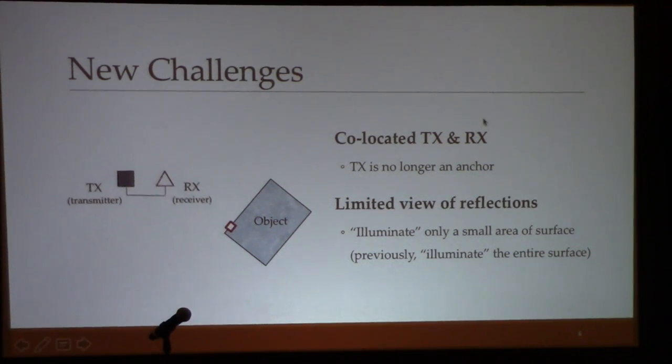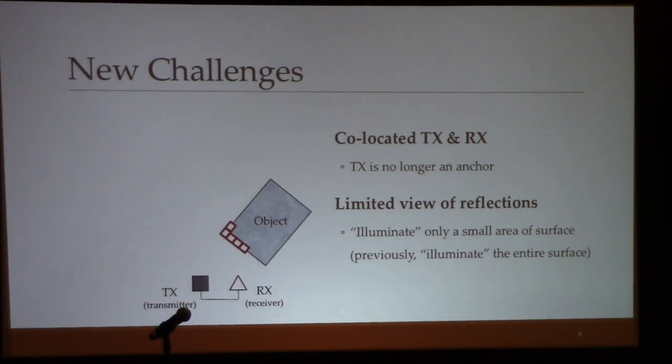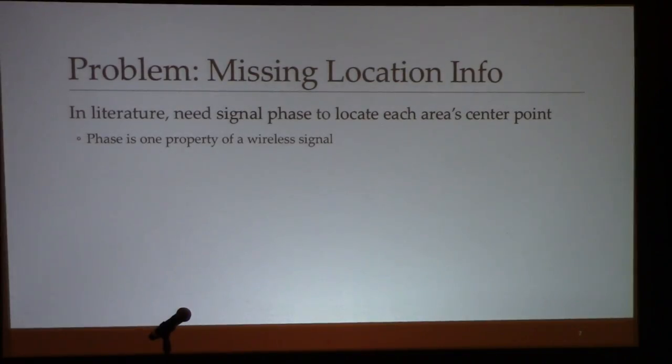This means we need a device to move around and detect these small areas and then recover the surface. One way to do this is to find the precise location of these small areas and then simply put them together.